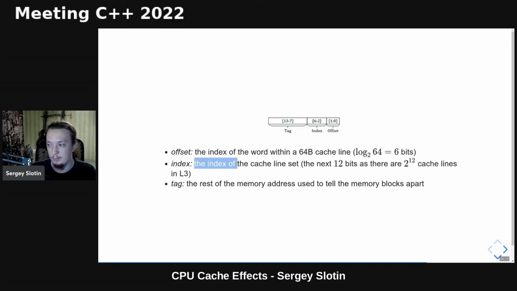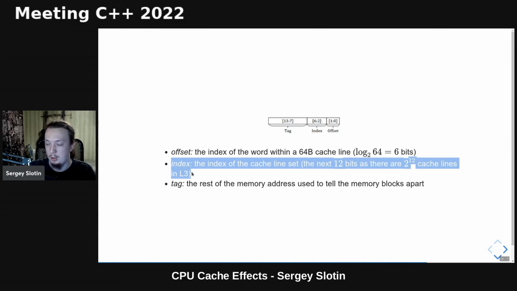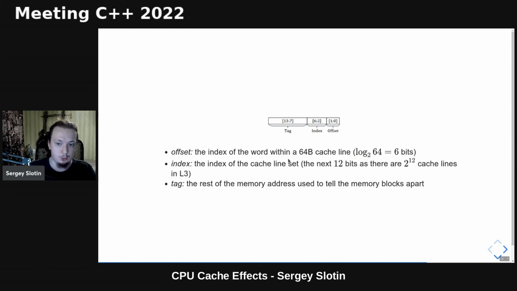The index: the index of the cache line set, the next 12 bits, as there are 2 to the 12th cache lines in L3. And the tag: the rest of the memory address, just to tell the cache lines apart. In other words, all memory addresses with the same middle part, these 12 bits of the index, map to the same set. This makes the cache system simpler and cheaper to implement, but also susceptible to certain bad access patterns.